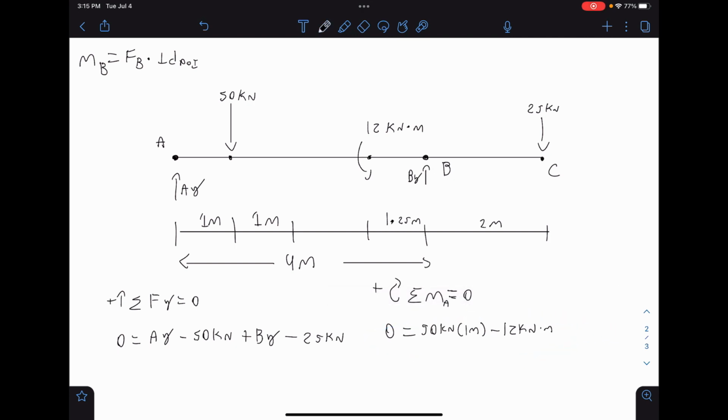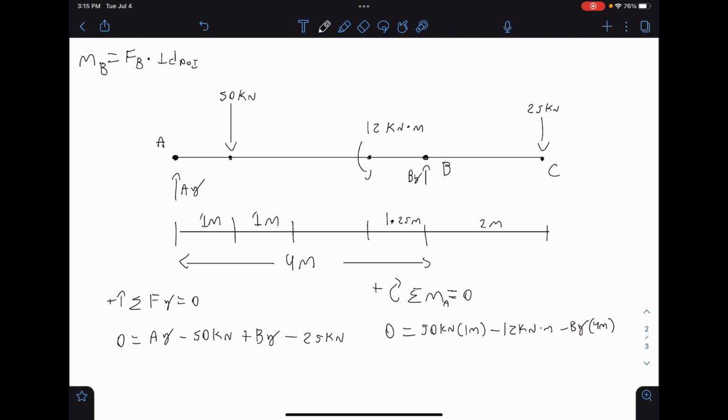We have By. By is how many meters away? It is 4 meters away from A, right? And where is By taking A? It's taking A counterclockwise. So that's minus By, the force By multiplied by the distance, 4 meters.